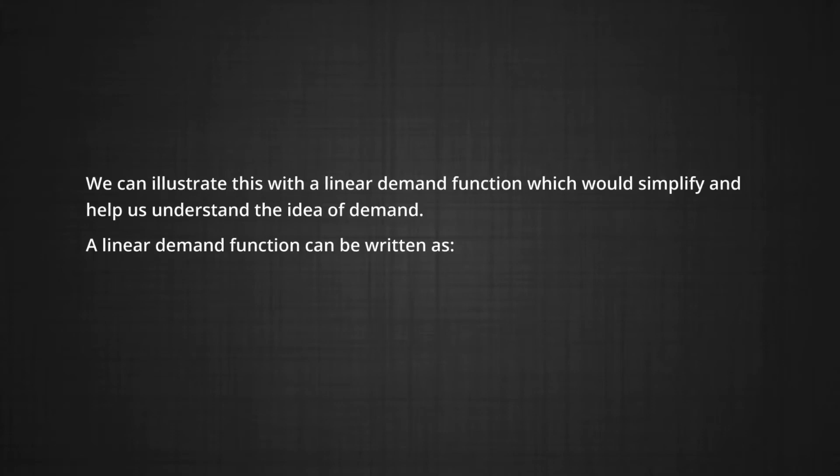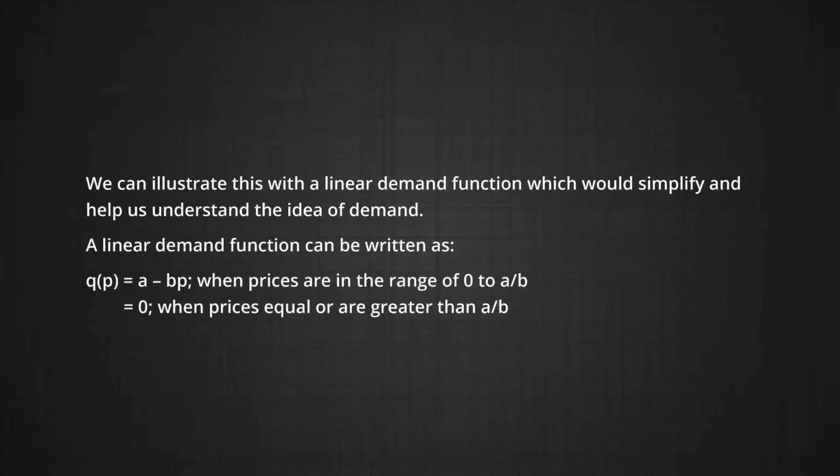A linear demand function can be written as Q(P) equals A minus BP when prices are in the range of 0 to A divided by B, and equals 0 when prices are equal to or greater than A divided by B. Here, Q(P) denotes demand of a commodity as a function of the price of the commodity.